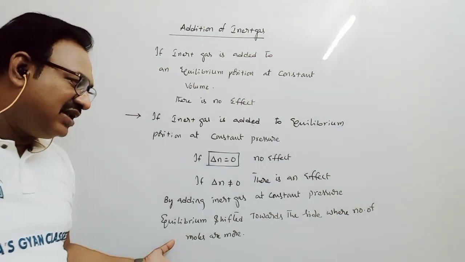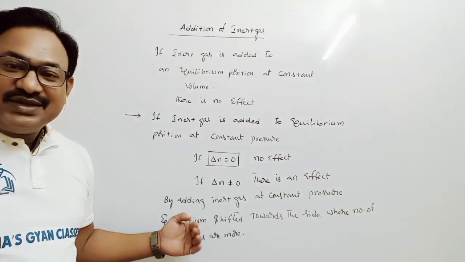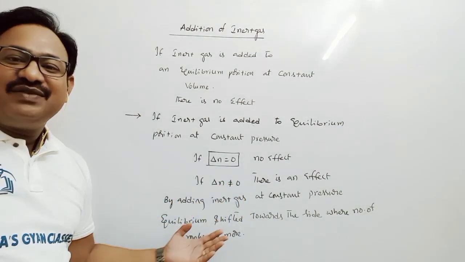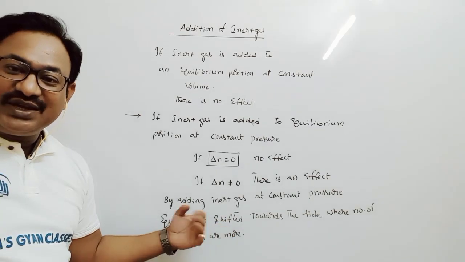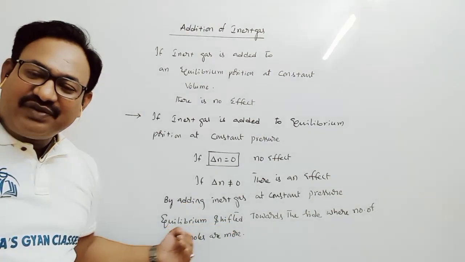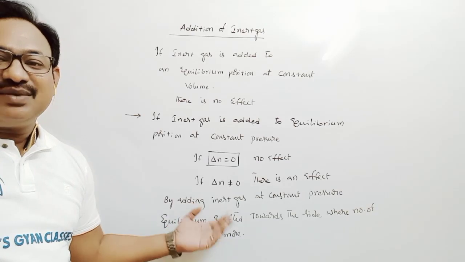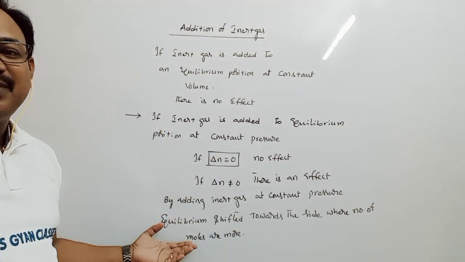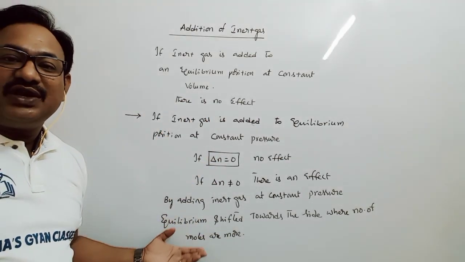Towards the dissociation side it will move. To increase the alpha value, it will move towards the side where the number of moles is more. So that's it. It's about the effect of addition of inert gas.